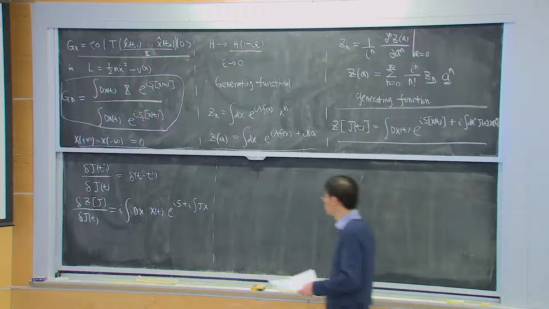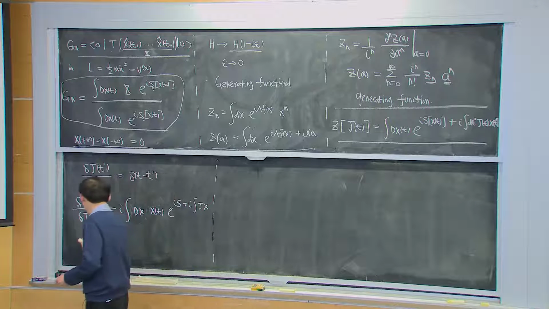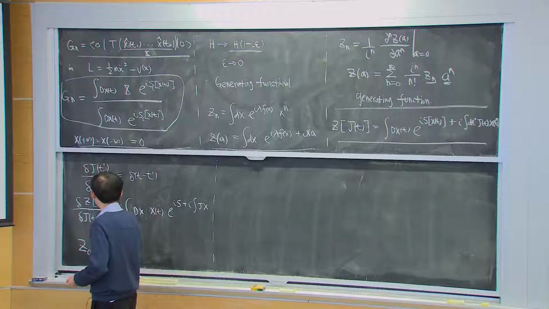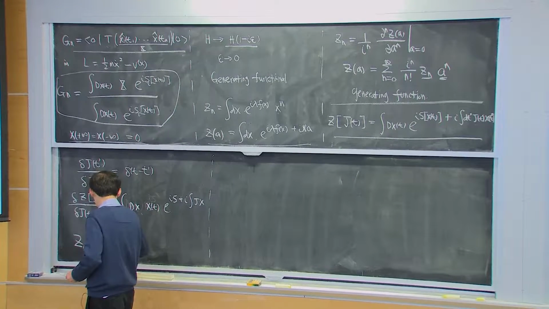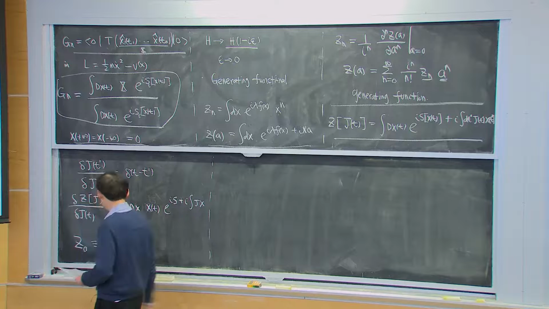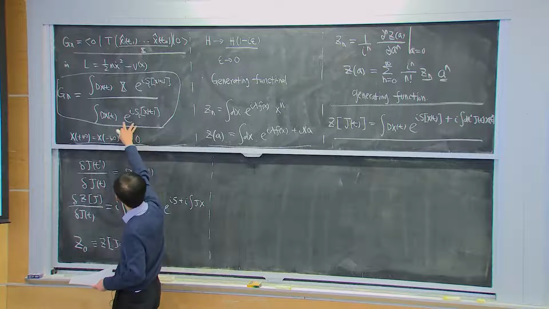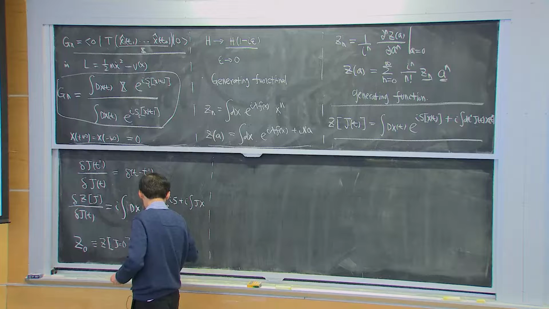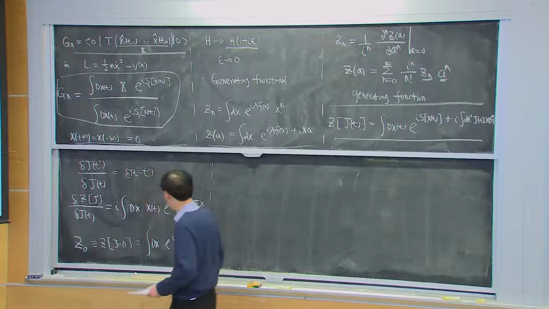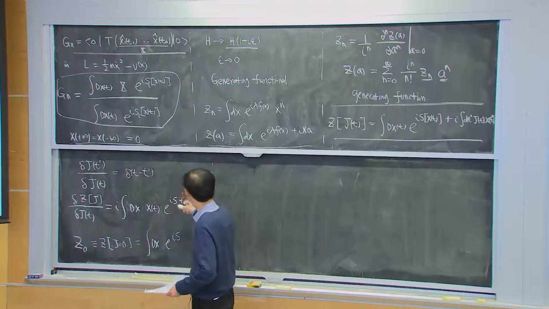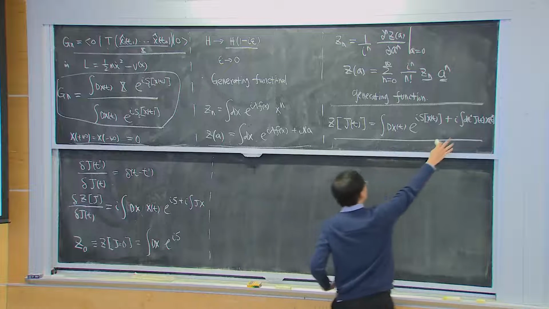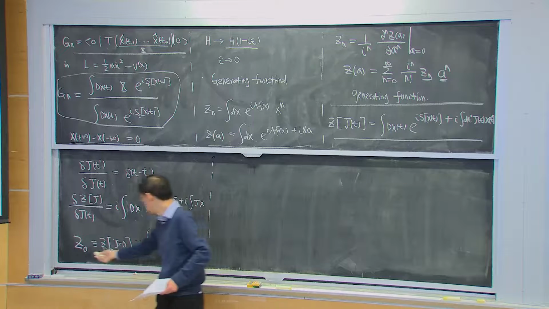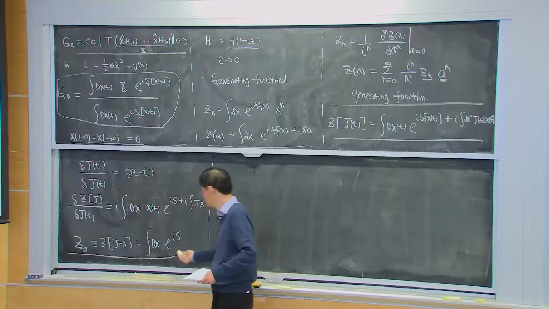Now I also introduce Z0, defined to be Z of J equal to 0, so this is just the original integral. Z0 is essentially the downstairs. So Z0 is just the integral dx exponential of i S. When J equals 0, we just have this. Let's also introduce this definition.